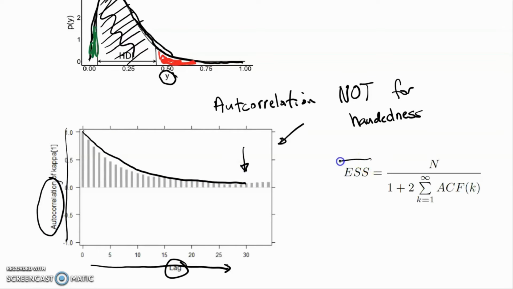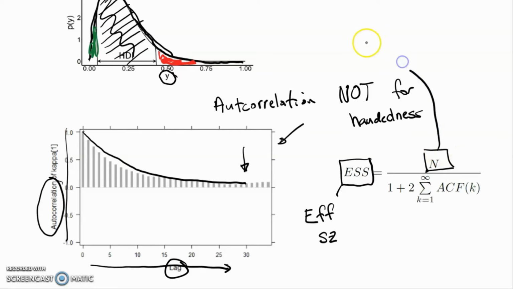And what I want to think about now is this ESS, which Christie sometimes represents as effective sample size. How is that calculated? Well, in the numerator, we have n. What is n? N is the number of observations, and n is going to be 30,000, because we've got 10,000 observations in each of 3 chains.